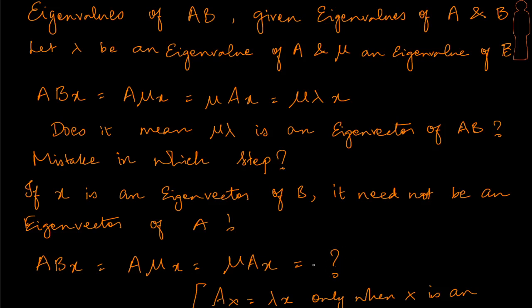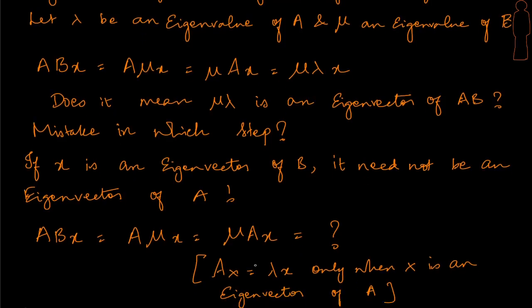All that we can infer from this point is that if x happens to be an eigenvector of A, then this would become mu lambda x, and therefore x also becomes an eigenvector of AB. So all that we can infer from here is that if A and B share an eigenvector, then that also becomes an eigenvector of AB. Nothing more and nothing less than that.